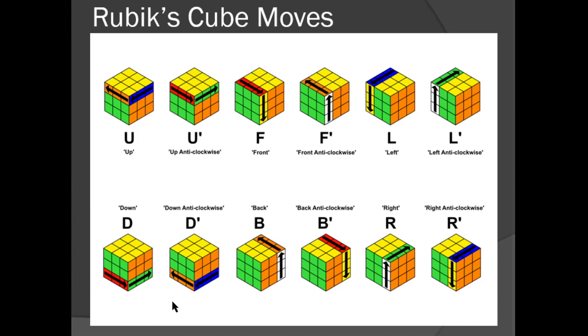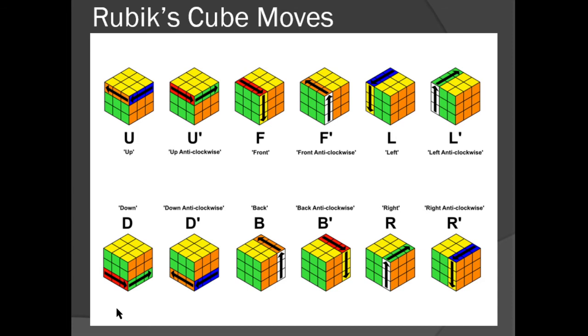And we have also D for down, the lower layer of our cube. For this move, we need to rotate that 90 degrees clockwise. And for D prime, we need to rotate that 90 degrees counterclockwise or anti-clockwise.